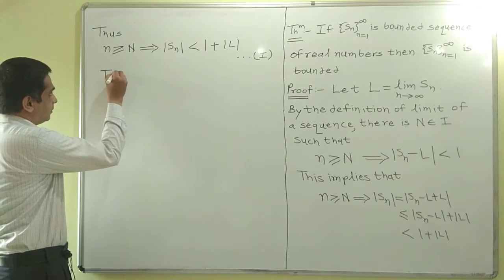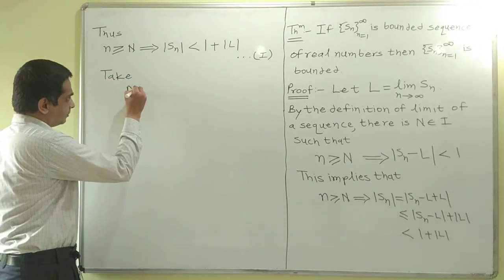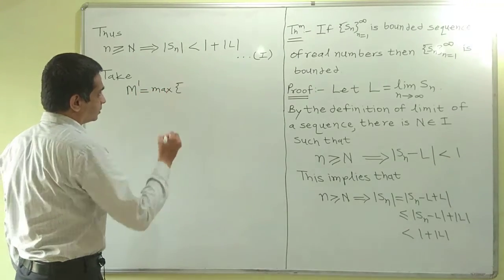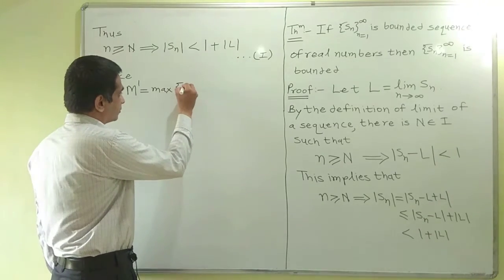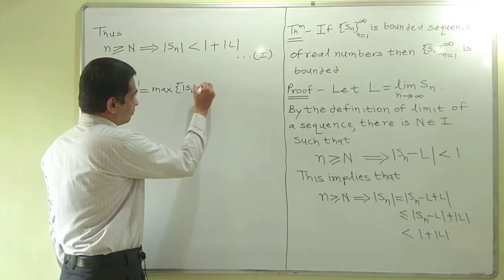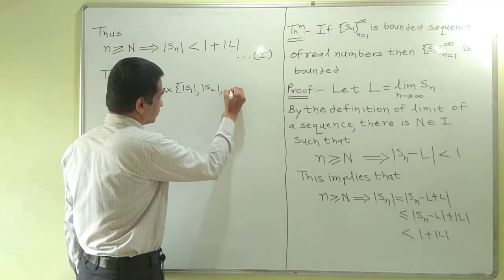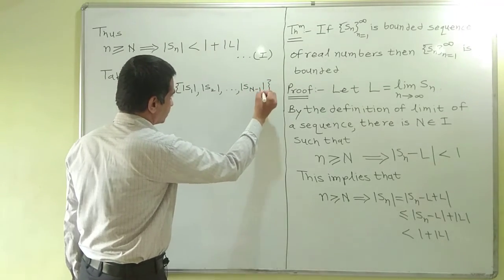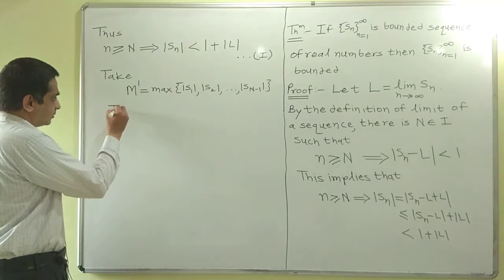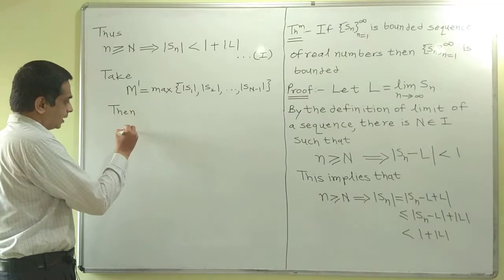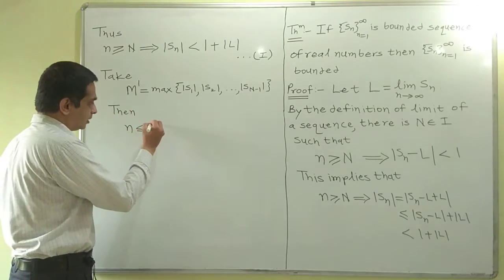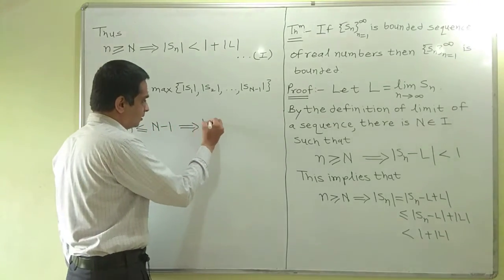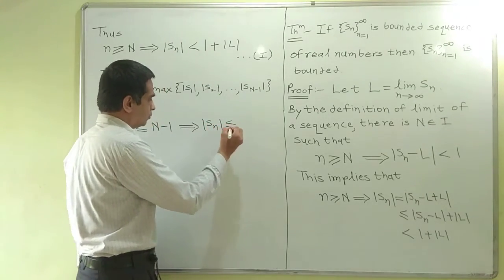Take M dash as the maximum of mod S1, mod S2, up to mod S(N minus 1). Then whenever n is less equal to N minus 1, mod Sn will be less equal to what?